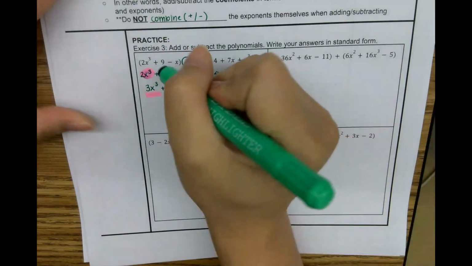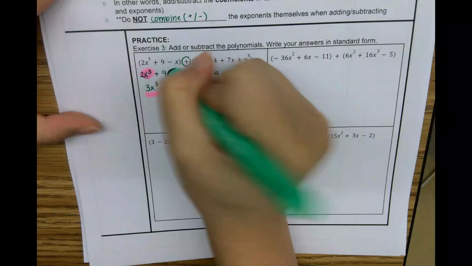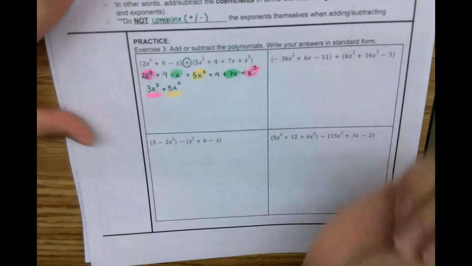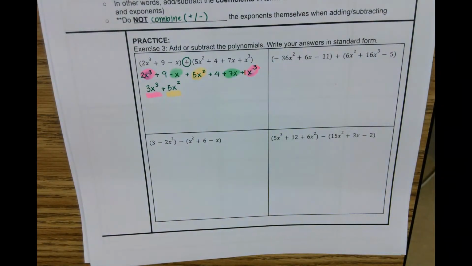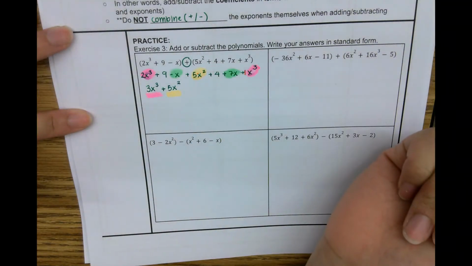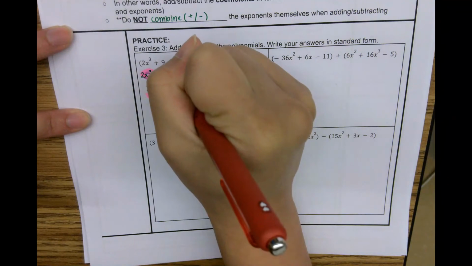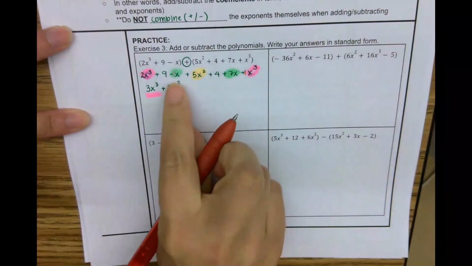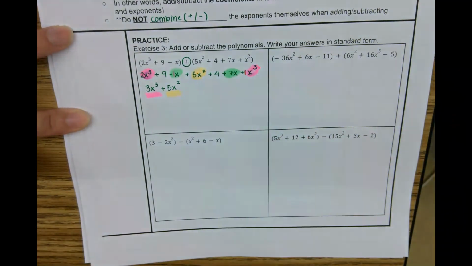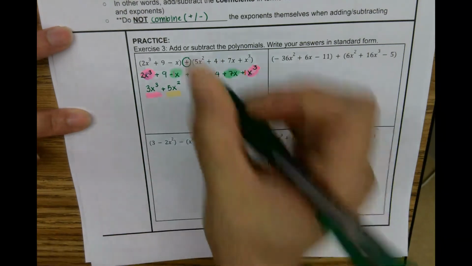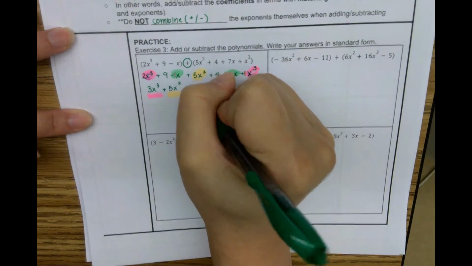Then I'm going to do x to the power of 1. Here I have a negative x and a 7x. Again, there is no coefficient, so that means the coefficient is 1. So this is negative 1x plus 7x. Negative 1 plus 7 is 6, so 6x.